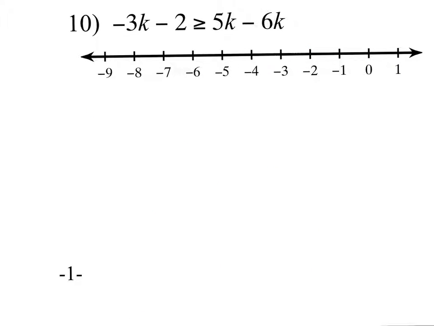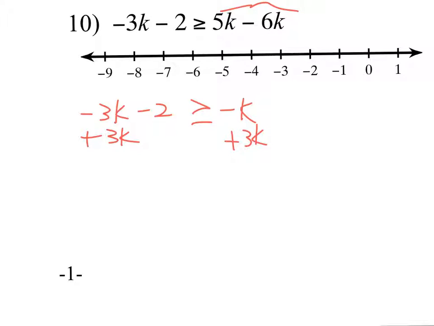On this problem, if we first simplify the inequality, I'll bring down my symbol. 5k minus 6k right here is negative k. Negative 3k minus 2. So if I add 3k to both sides, I'll have 2k, here's my symbol, negative 2.